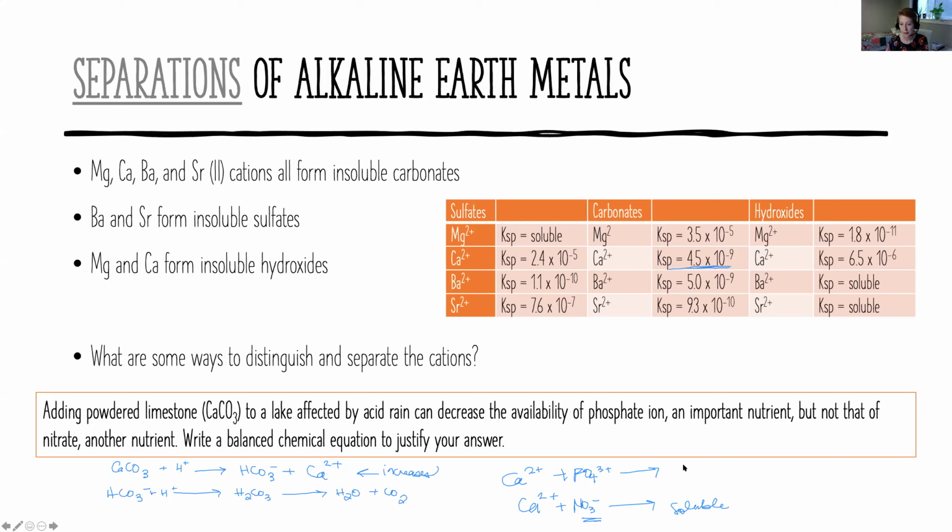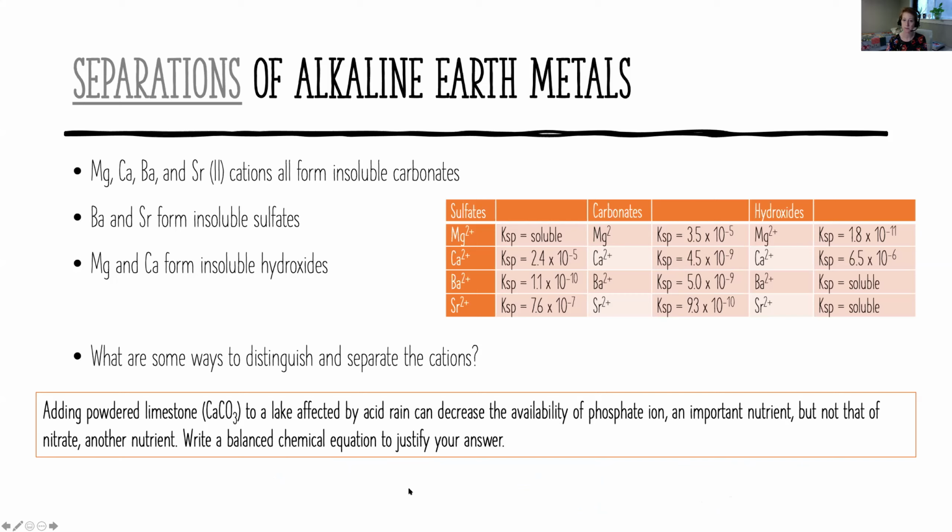But this is going to react to form Ca3(PO4)2, which is going to be a solid. And therefore, that's going to decrease the availability of the phosphate ion, because now I'm forming a precipitate of the calcium phosphate. So that's what's happening in terms of limestone being added to an acidic lake.